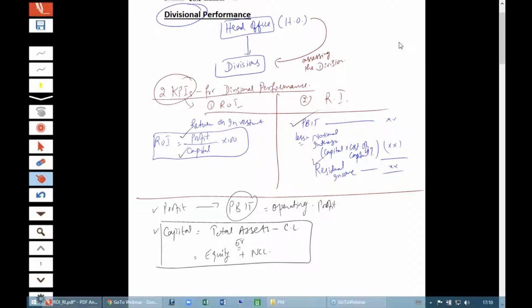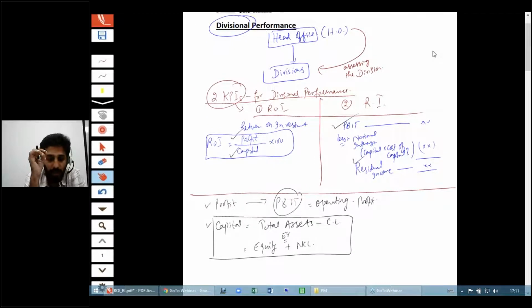That's a very simple thing for you people to note down. And this is the capital and the profit.